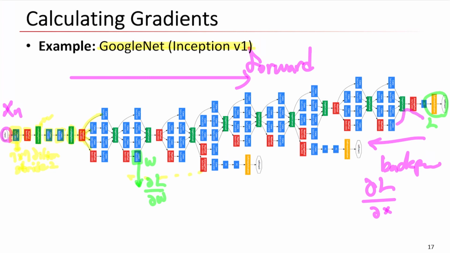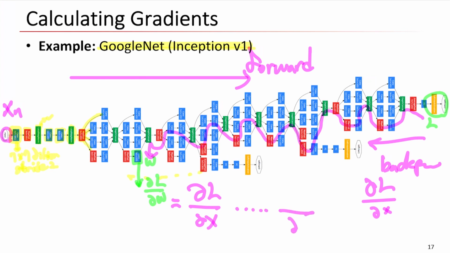By backpropagating through this, you can finally compute the gradient in terms of W. Okay, so this is the general idea to compute the gradient for this network, the main idea of calculating gradients.